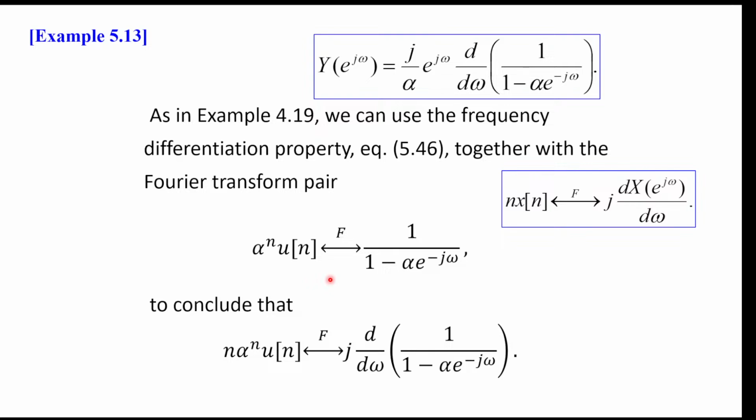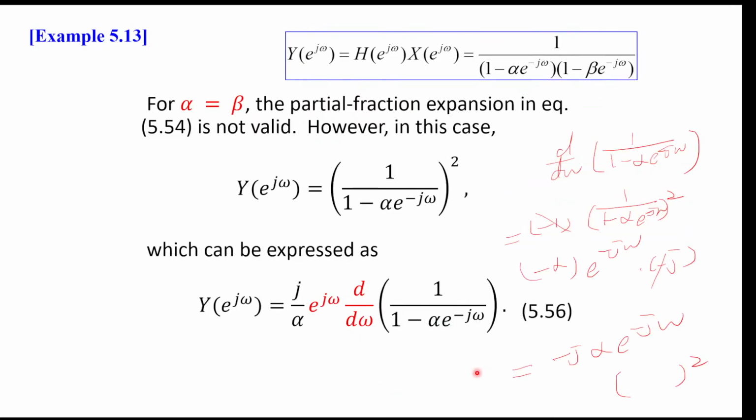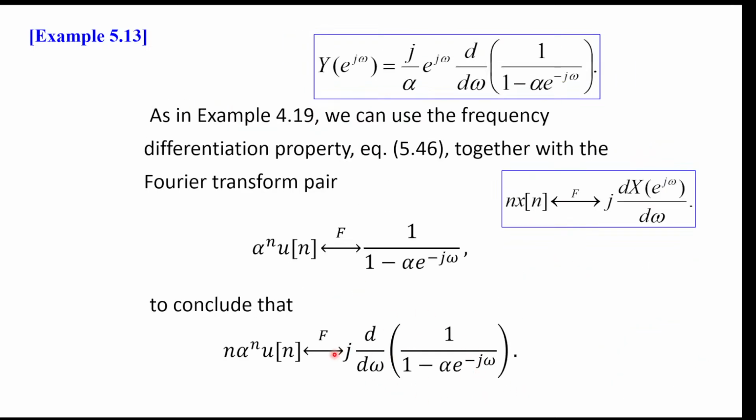That's this first order term, so this is 1 over 1 minus alpha e to the minus j omega, Fourier transforms to alpha to the n u of n, this we know, and we put the differentiation property on this, and so we see d d omega of this thing. Okay, so the d d omega of this thing times j will Fourier transform to n alpha to the n u of n.